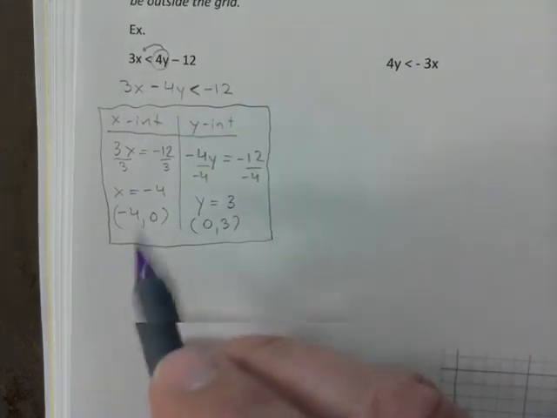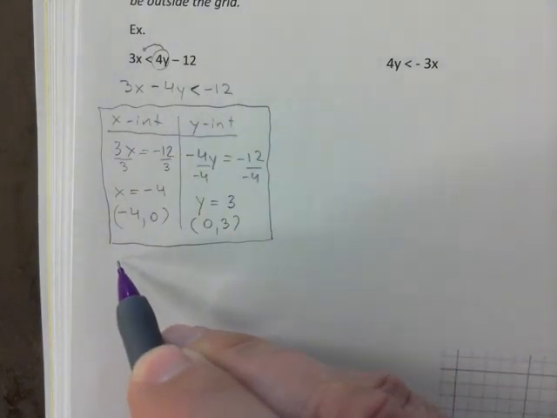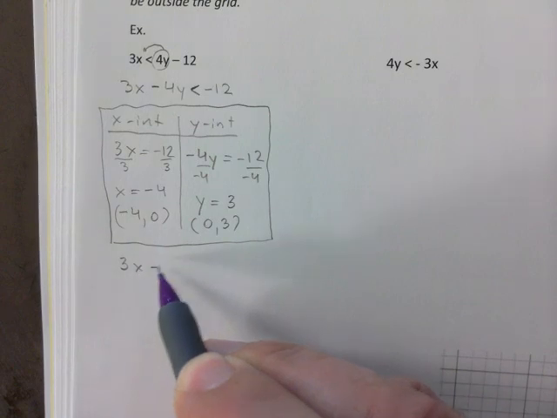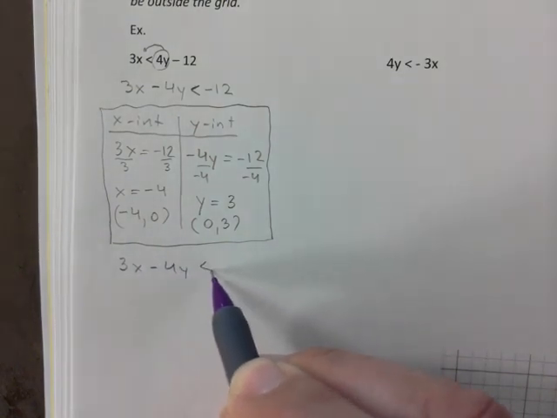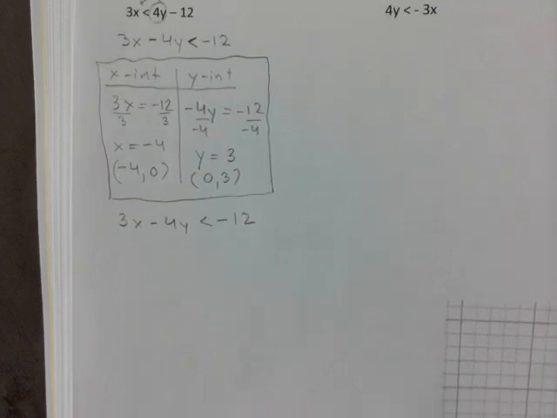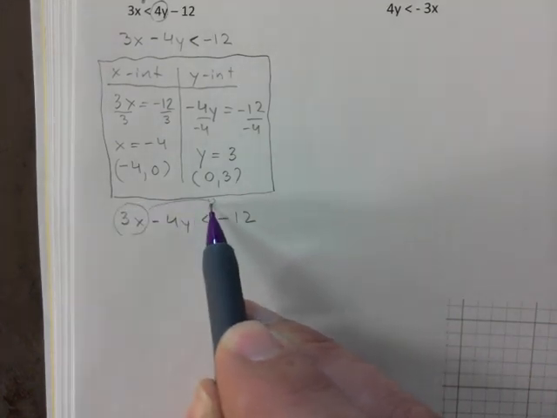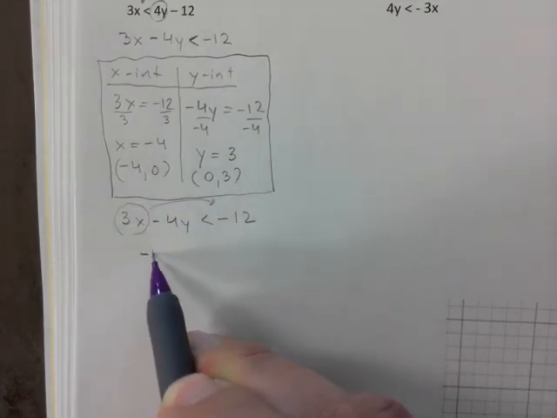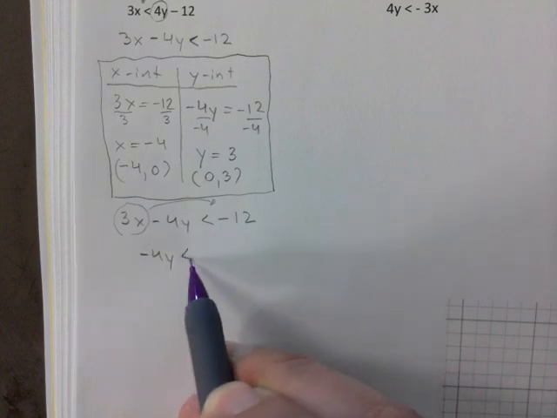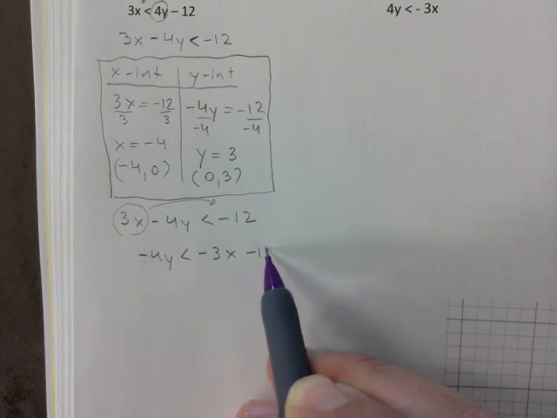Okay? Let's rewrite this one in y equals mx plus b format. I'm going to rewrite the thing just because this is the one example where we need to make sure our notes are detailed. I'm going to bring the 3x over to the other side. So you end up with negative 4y less than negative 3x minus 12.